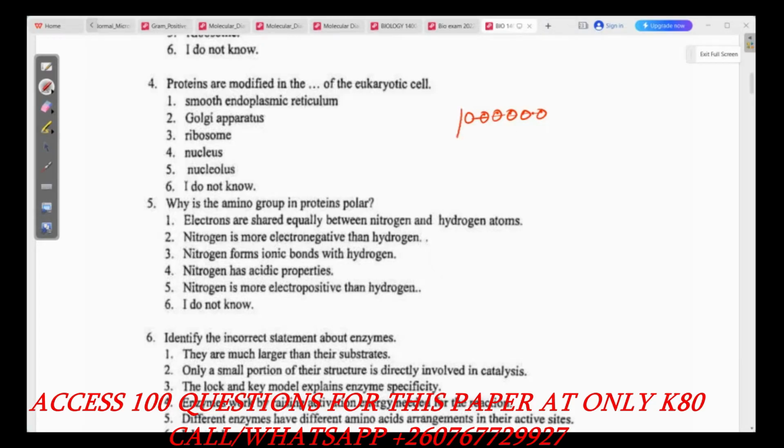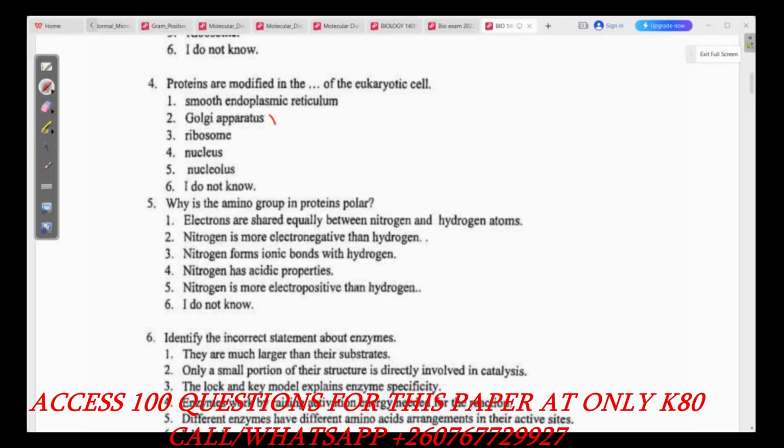So this polypeptide chain has now to go to an organelle where it has to be modified, either to be a secondary, a tertiary, or a quaternary structure. That modification is done by a special organelle. So this question is asking which of these organelles is responsible for modifying proteins in eukaryotic cells. Smooth endoplasmic reticulum, no. Golgi apparatus.